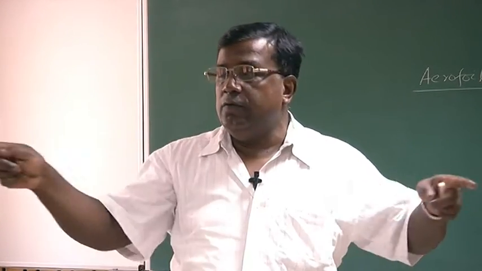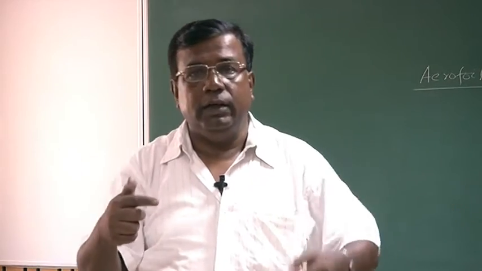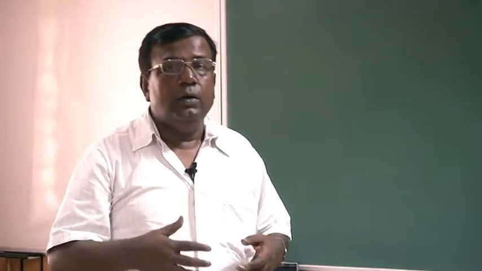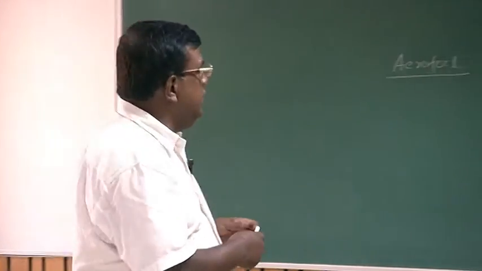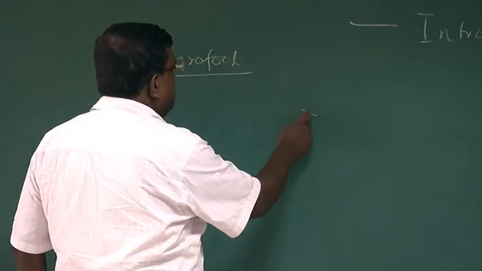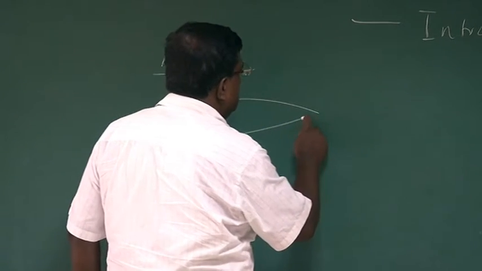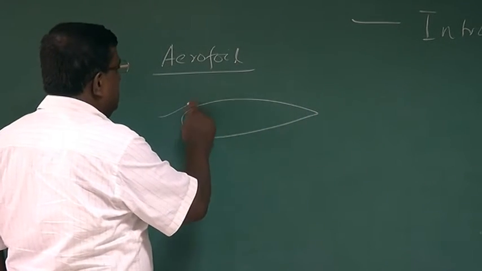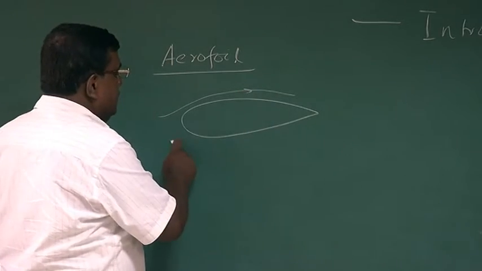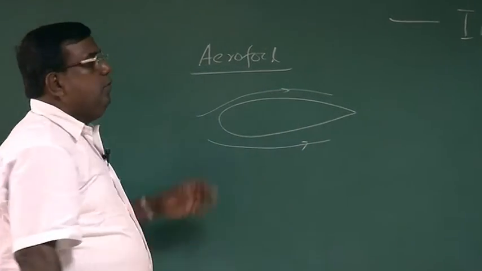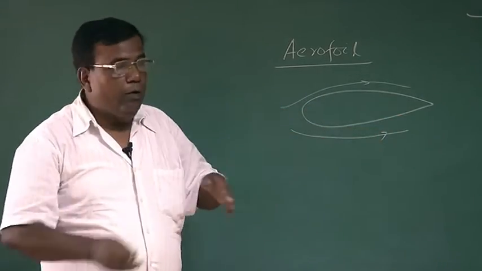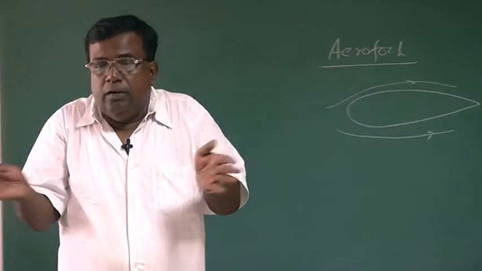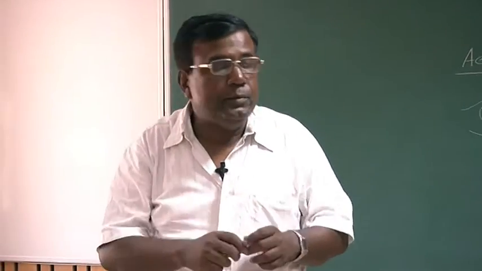There are no cross flows this way or this way, right? That means the flow will be more characterized by the contour of this aerofoil. That is, if this is the aerofoil, then the contour of the wing and the flow over the wing will be decided by this contour, and there won't be any lateral flow or cross flows, right?